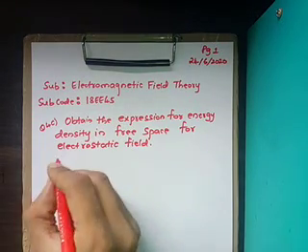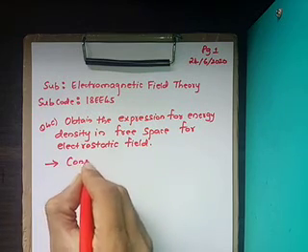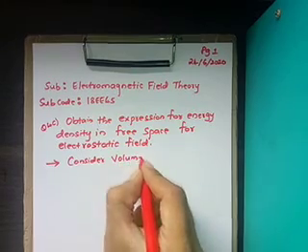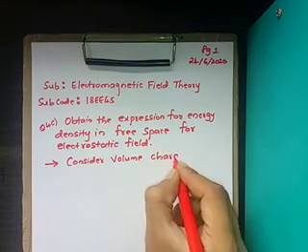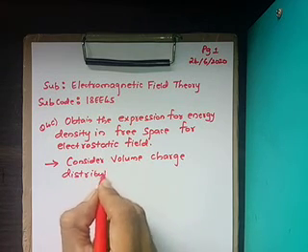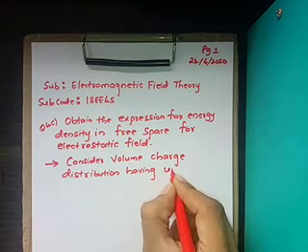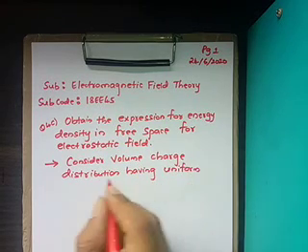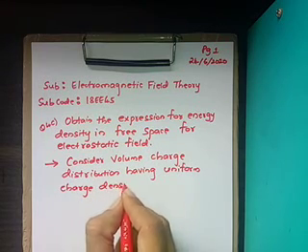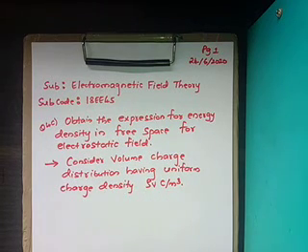Consider volume charge distribution having uniform charge density, rho v coulomb per meter cube.